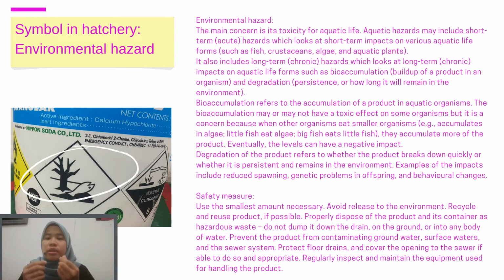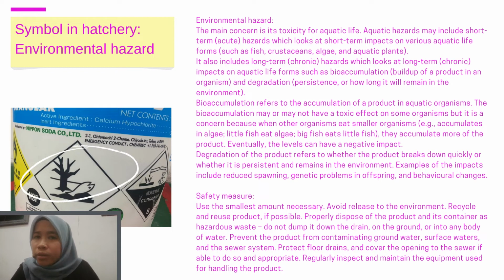It also includes long-term chronic hazard, which looks at the long-term chronic impact on aquatic life forms such as bioaccumulation, the build up of a product in an organism, and degradation, persistence, or how long it will remain in the environment.